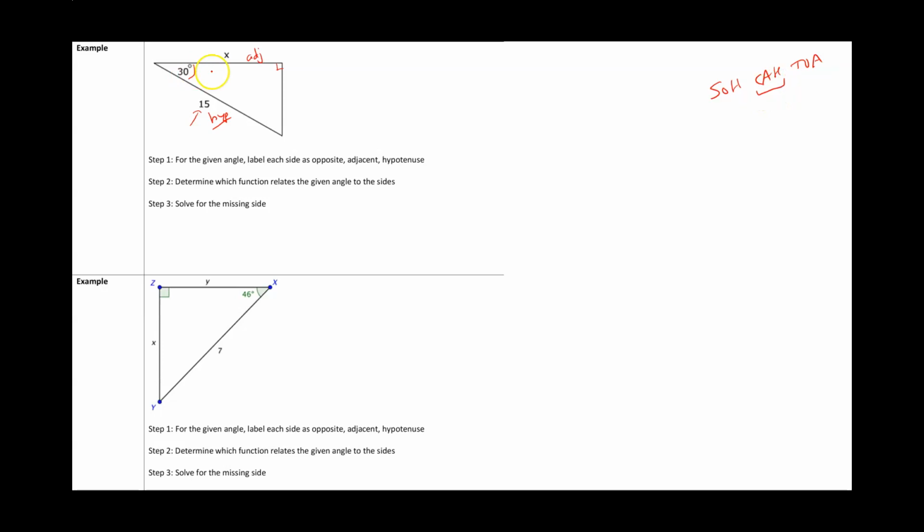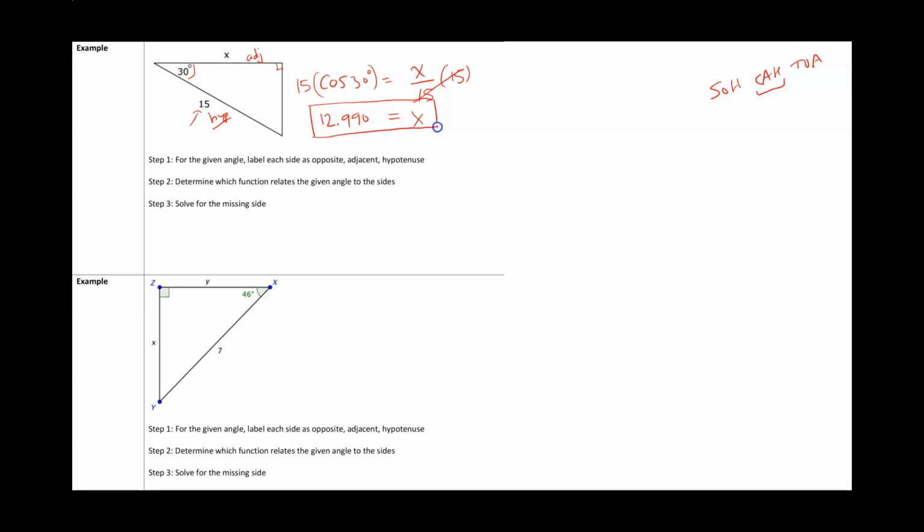So we're going to say cosine of 30 degrees equals the adjacent side, which is x, divided by the hypotenuse, which is 15. Once again, to solve for x, the x is being divided by 15, so the inverse of that is to multiply by 15. The 15s cross out, and we get x equals 15 times the cosine of 30 degrees, which is going to be 12.990.